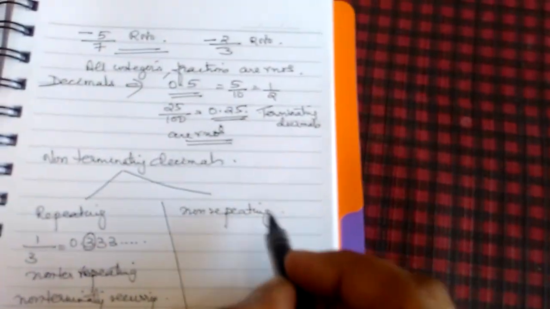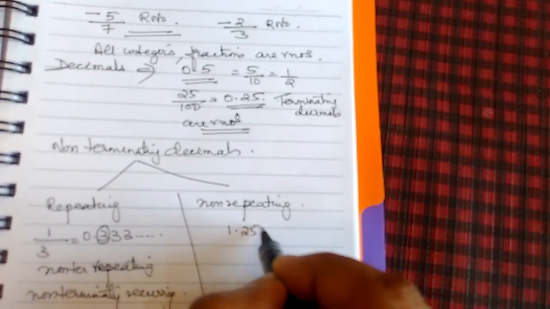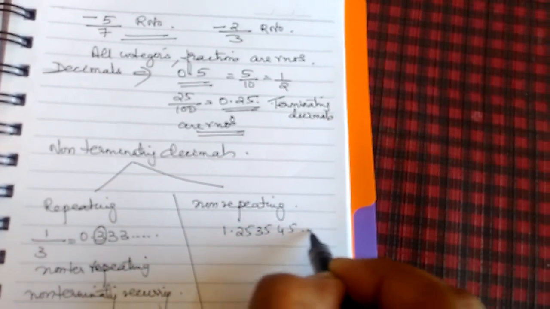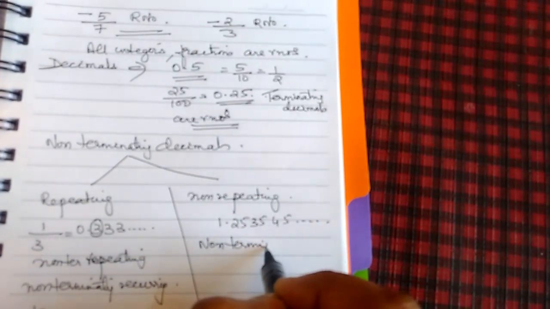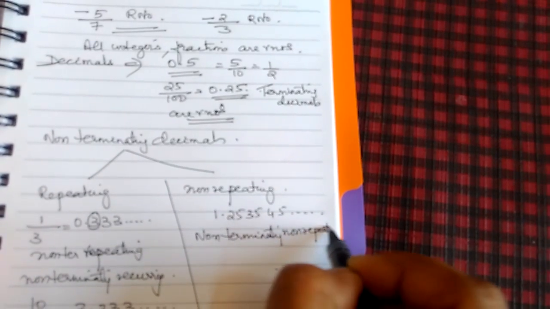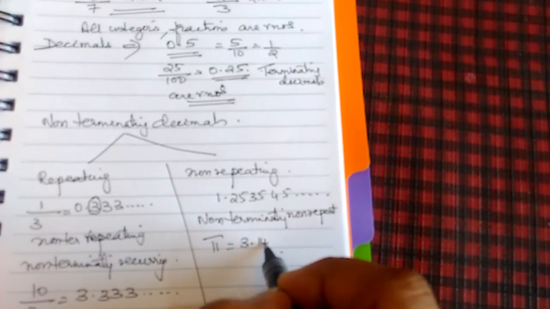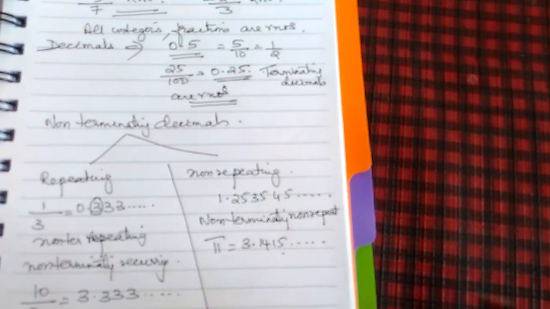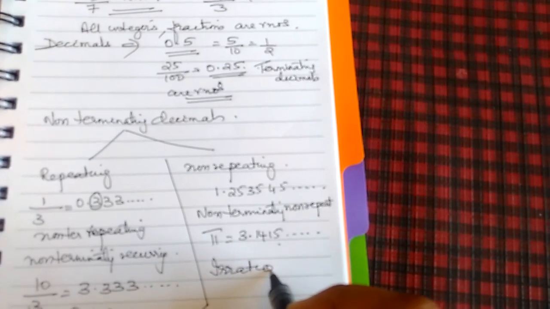Now what about non-repeating? That means like 1.253545, etc. It is non-terminating, that means it never ends, and non-repeating. Certain numbers like pi, 3.1415, etc., go on. Such numbers are called irrational numbers.